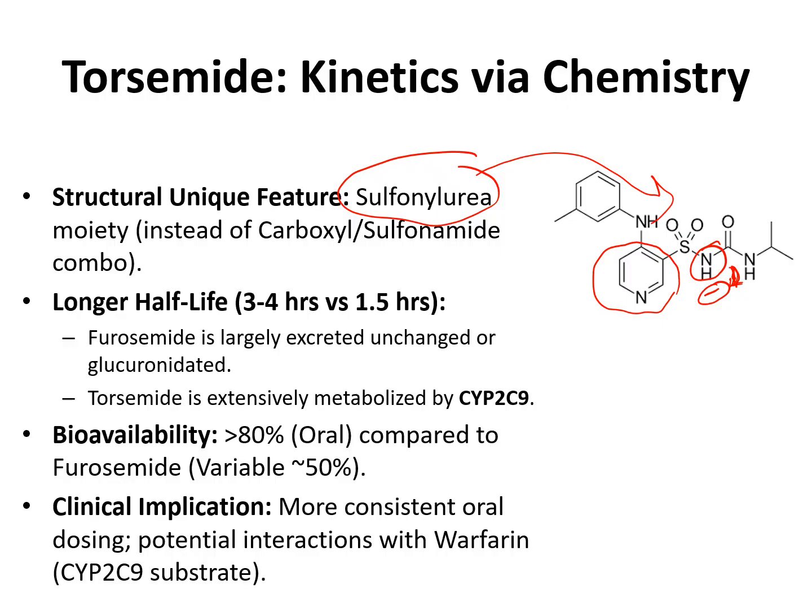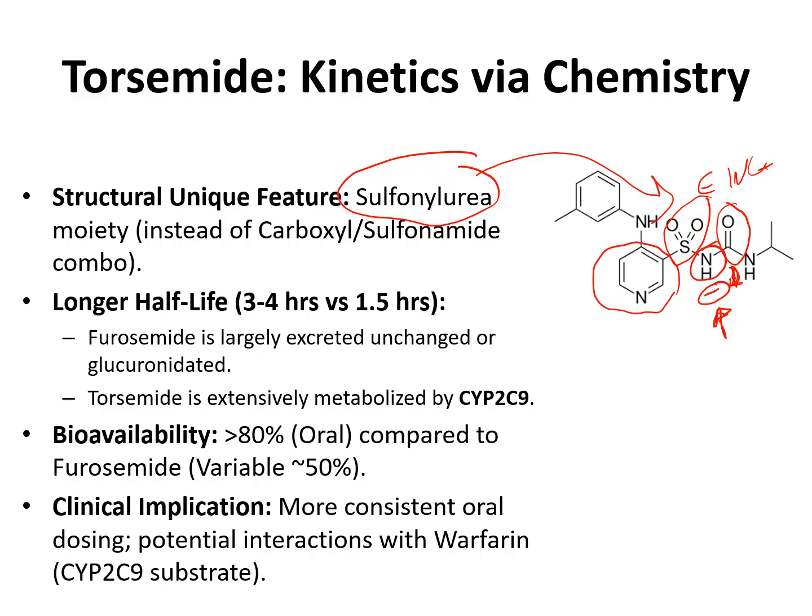If you ask yourself where the negative charge comes from, this is where it comes from, on this nitrogen. Why does this nitrogen become negatively charged? Because it is next to two electron withdrawing groups, carbonyl and sulfonate. These are two strong electron withdrawing groups. So the presence of these two electron withdrawing groups basically makes this nitrogen very acidic, and it will get a negative charge.